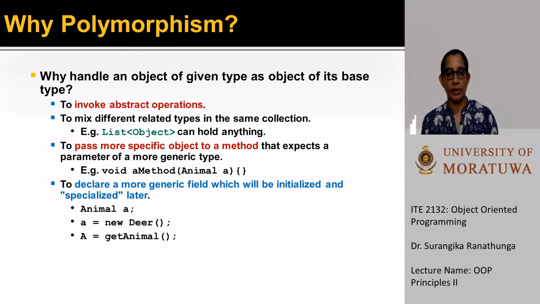Invoke abstract operations. So think of our employee example. Employee had the computePay method, which is abstract. Then we have a NonAcademicEmployee class that implements this method because it extends the Employee superclass. Now we can have a statement which says Employee e = new NonAcademicEmployee.